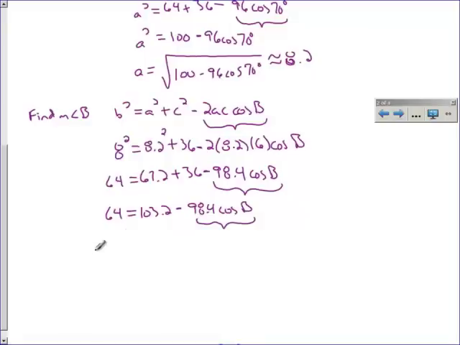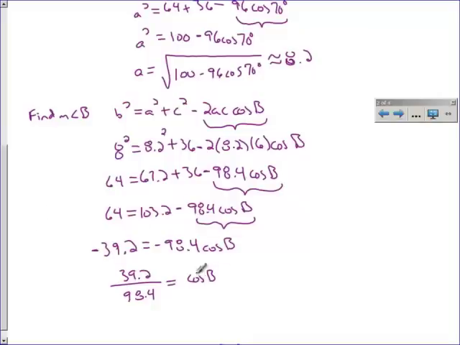So if we subtract 103.2 from both sides, we get negative 39.2, I think that is. And this is equal to minus 98.4 cosine of angle B. Now I'm still trying to find angle B, so I'm going to divide both sides by negative 98.4, and I will get that 39.2 divided by 98.4 equals the cosine of angle B. And so how am I going to find angle B?